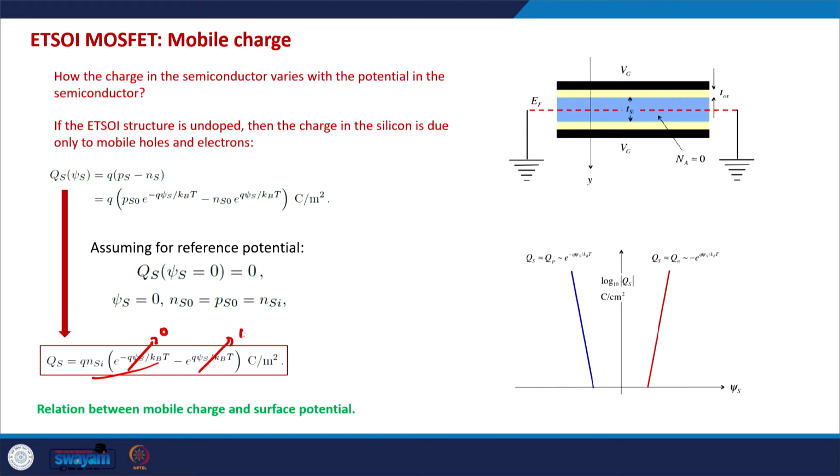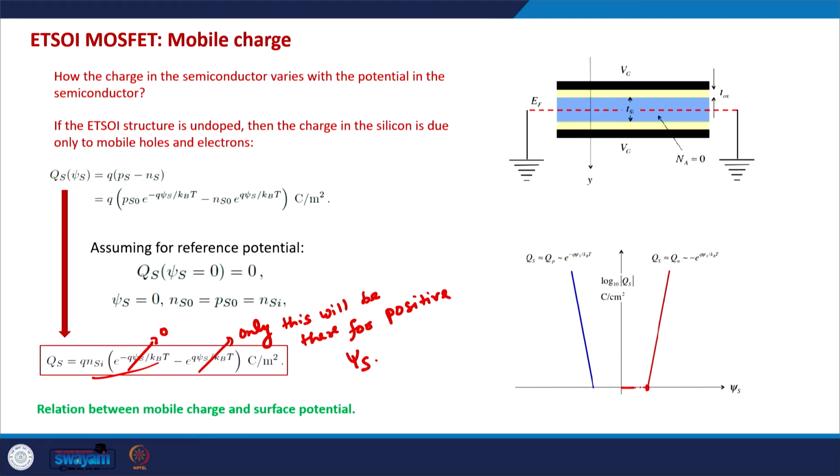So log of Qs will be directly proportional to psi s, and it will be a line after a certain psi s.